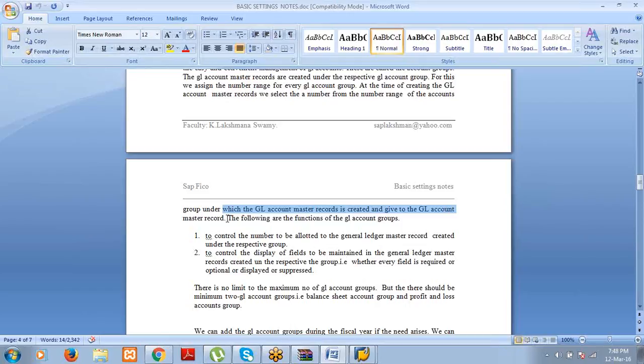This you cannot visualize now, but you can clearly understand it at the beginning of general ledger accounting. There I will explain again.